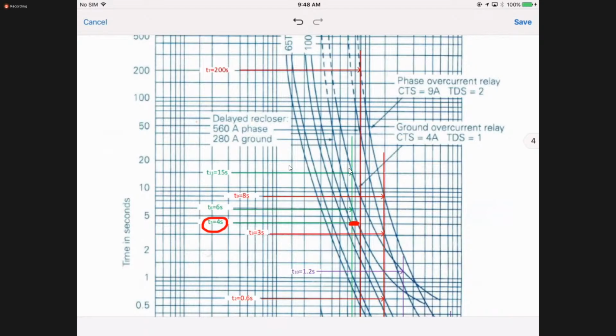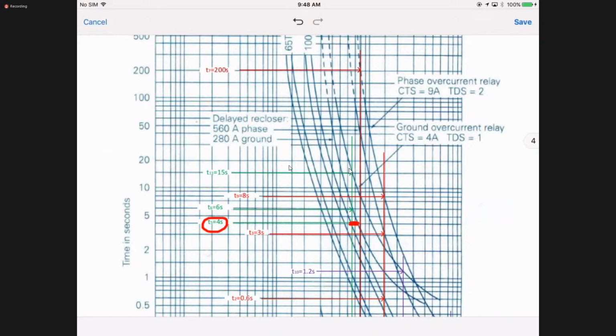So if people ask you, watch out, okay? If people ask you, what is the time the fuse blows compared with when the fault first appears? The answer, how much time it takes the fuse to blow, is 4 seconds.